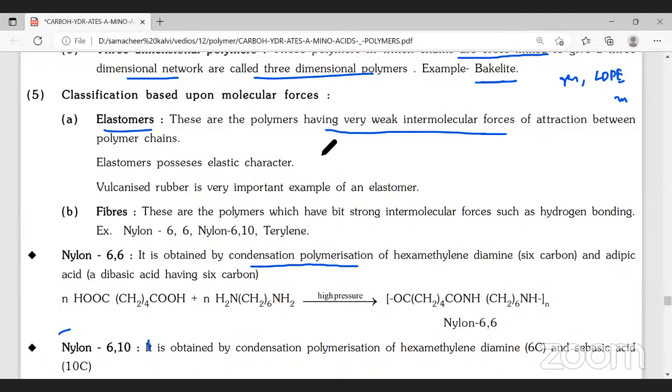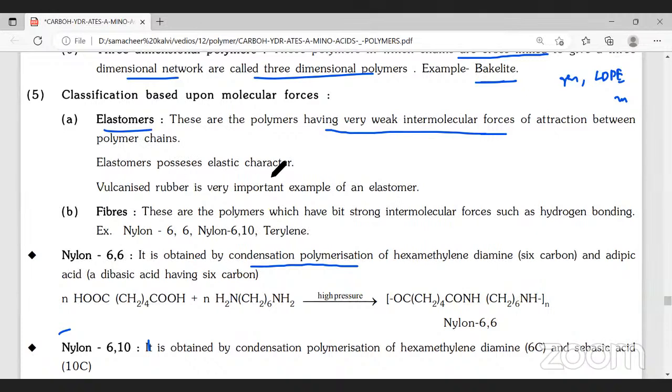When they have weak intermolecular forces between the chains, they can be stretched, and when we remove the force, they come back to their original position. Those are called elastomers.